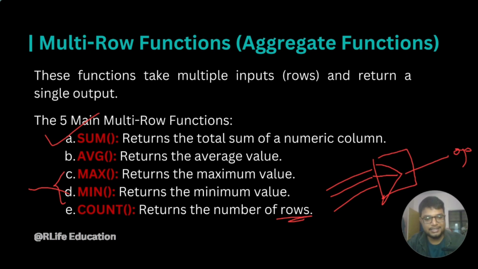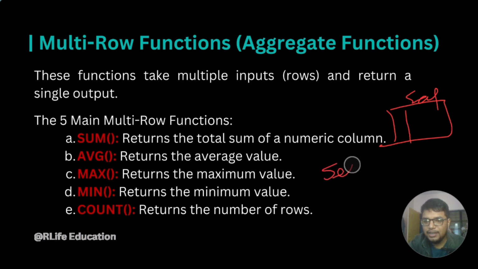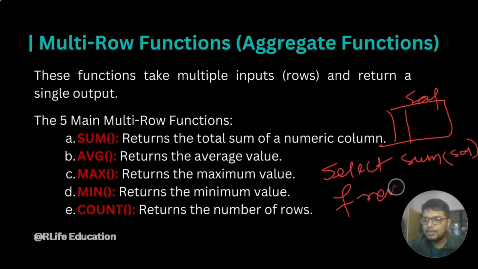Okay, let's do one small query. If we have to find the sum of salary, we already created one employee table. In the employee table, one column is salary. We have to find the sum of all salaries. How can we write it? We have to write select, then sum of salary from our employee table.